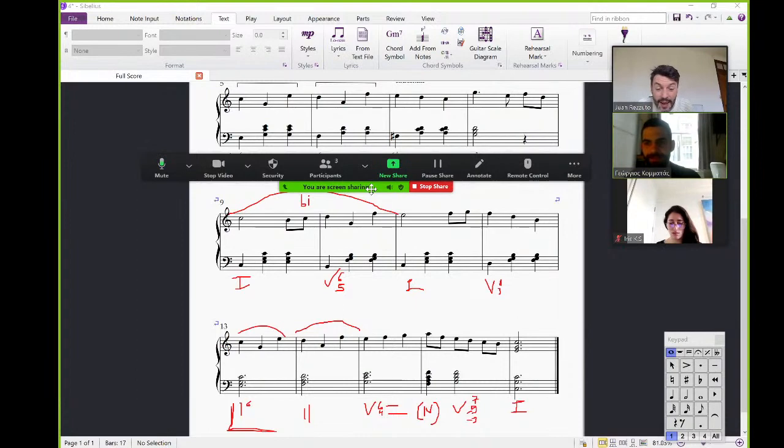If we emulate what happened up there, we have model sequence, we have first and second, and we have fifth. It's unusual to engulf the sequence within the cadential.